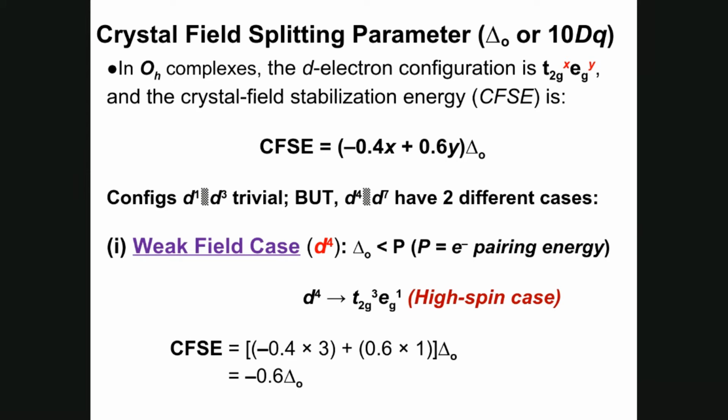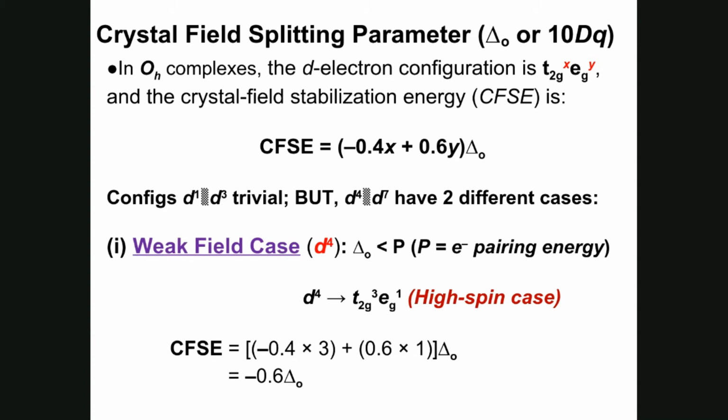The amount of energy in that case will be the 3 electrons that we have in the configuration multiplied by the amount of stabilization that the T2G undergoes in an octahedral field, which is minus 0.4, plus the number of electrons in the EG set, which is 1, multiplied by the amount of destabilization that accompanies an octahedral complex formation, which is 0.6 delta O.